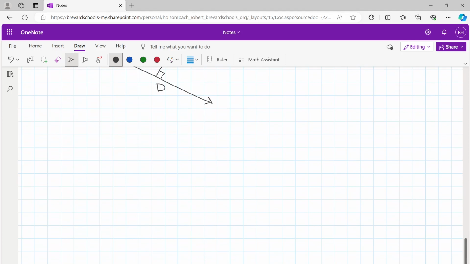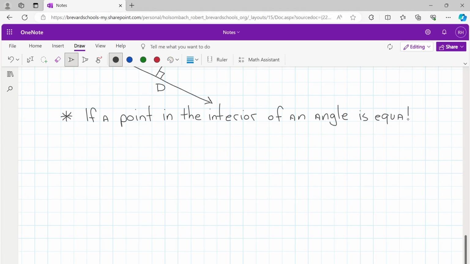The converse of the theorem states that if a point in the interior of an angle is equal distance to the sides, then it is on the angle bisector.